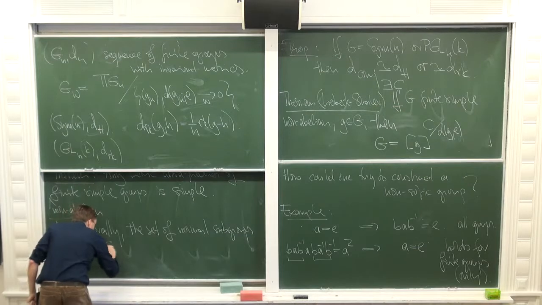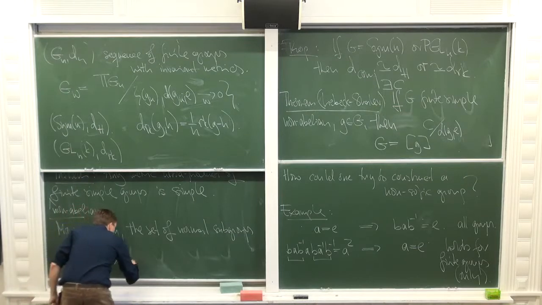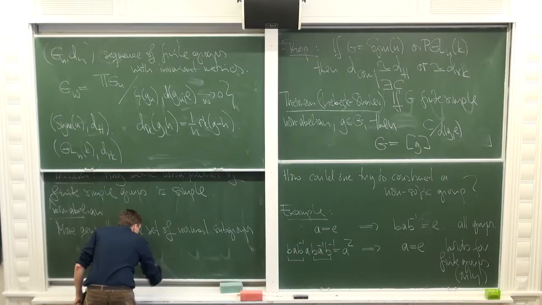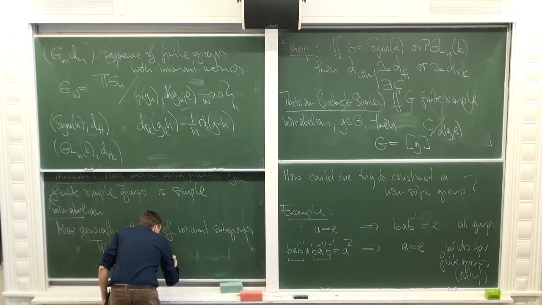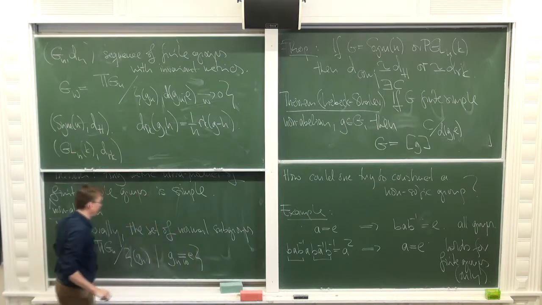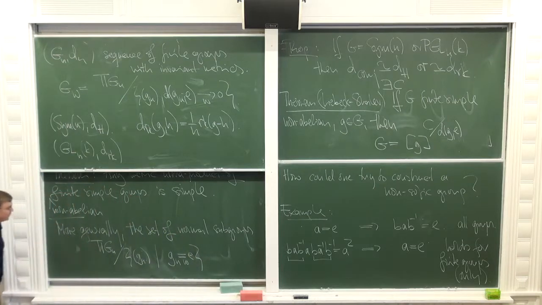That would be the product of the G_n modulo those sequences so that G_n is equal to the neutral element on a set belonging to the ultrafilter. So this is the algebraic ultraproduct of these finite simple groups.